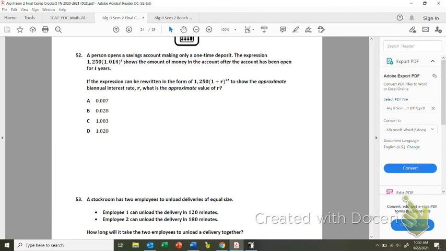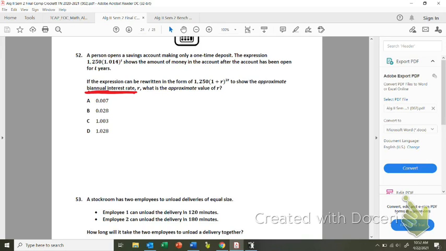All right, 52. A person opens a savings account making only a one-time deposit. The expression 1,250 times 1.014 to the 2 power shows the amount of money after the account has been opened. The expression can be written in this form to show the approximate biannual interest rate.